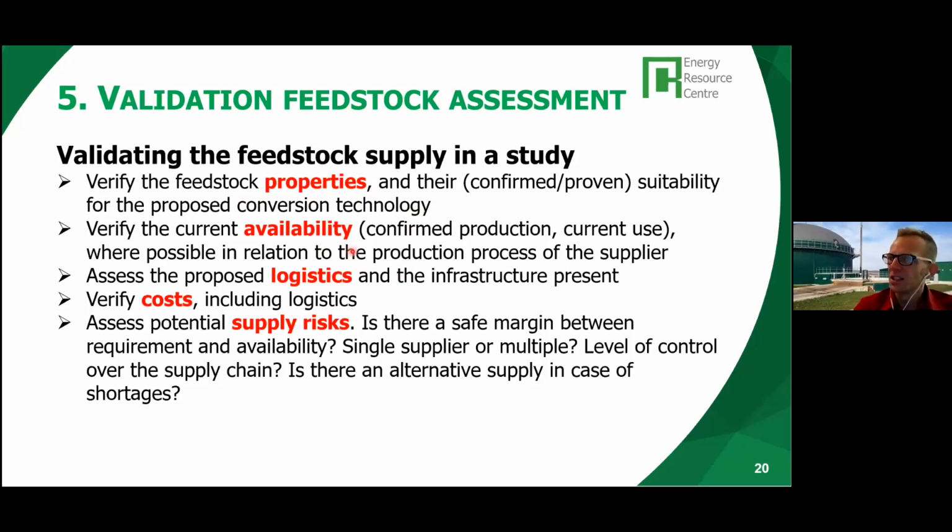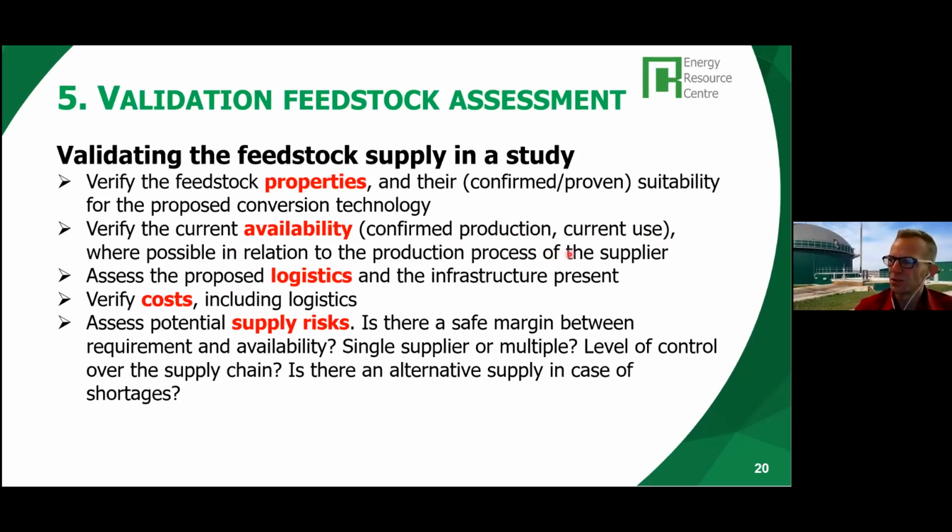Secondly, looking at the overall availability of the feedstock. So on the one hand, the confirmed amounts that are being produced over an extended period of time, preferably, and what quantities are actually being used by the factory that produces it, and if possible, in relation to the production processes of the supplier of the biomass.